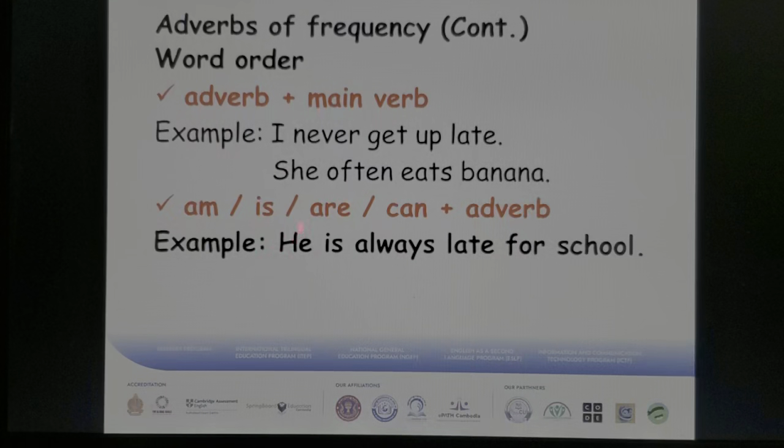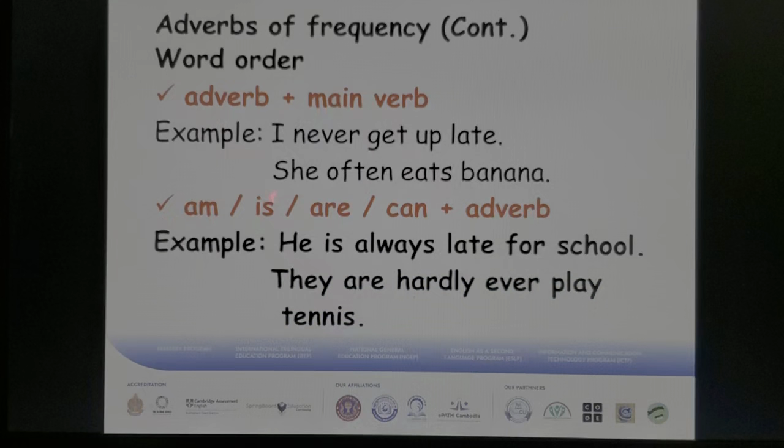You cannot say he always is, that's wrong. They are hardly ever play tennis. Okay, you cannot say they hardly ever are.